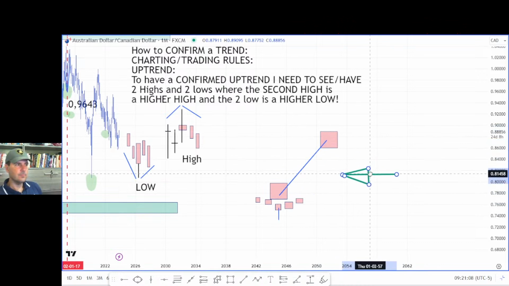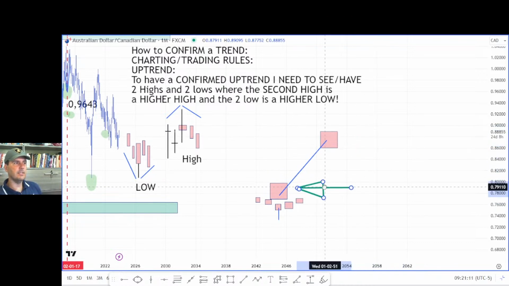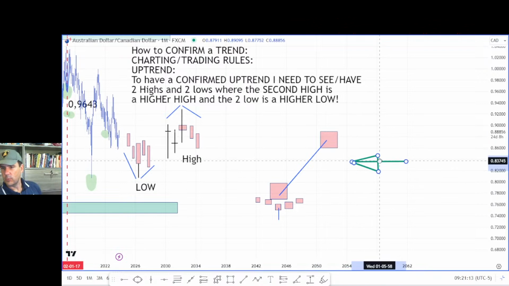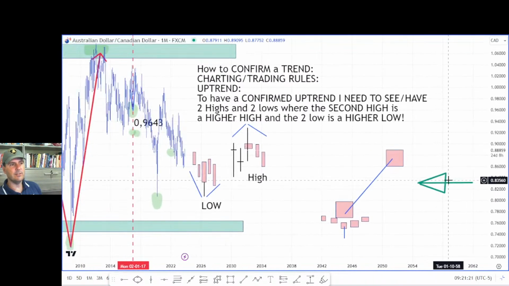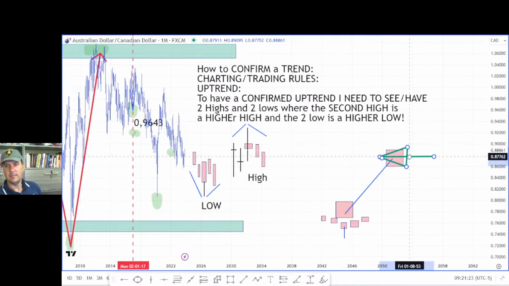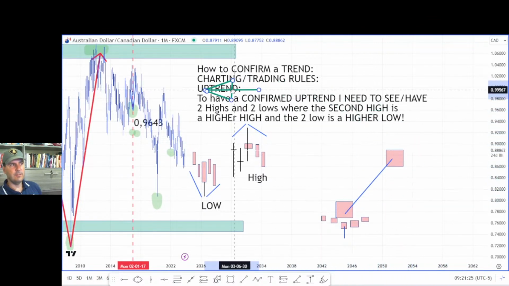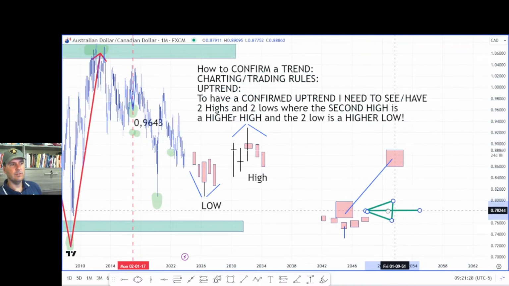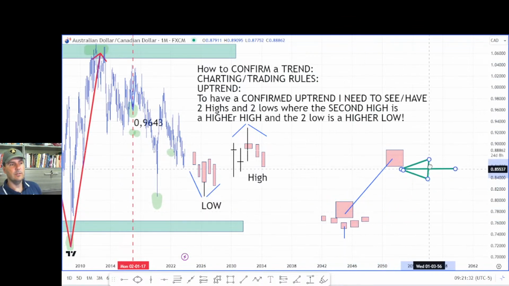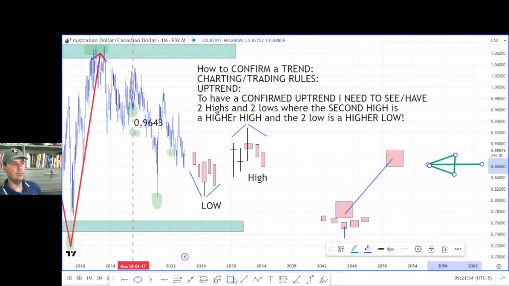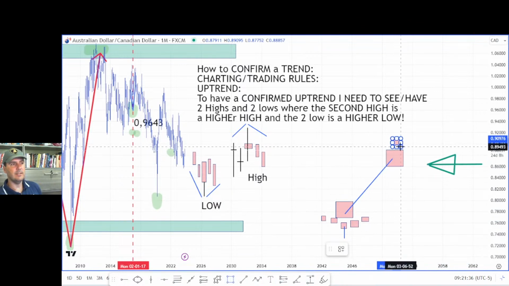Hedge fund trader Shola, what do you think? Is this an uptrend? We have an up structure, not uptrend. Shola, you don't have up anything, everybody, makes sense? If this is the rule, you see on the chart one low and one high, you don't have anything.